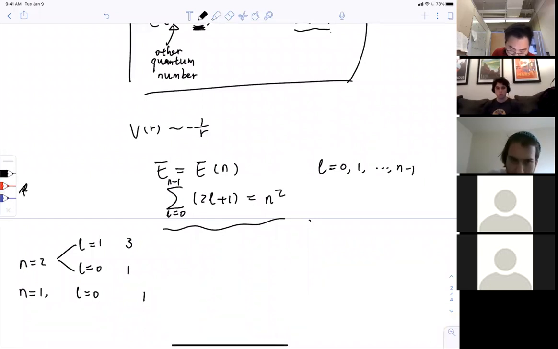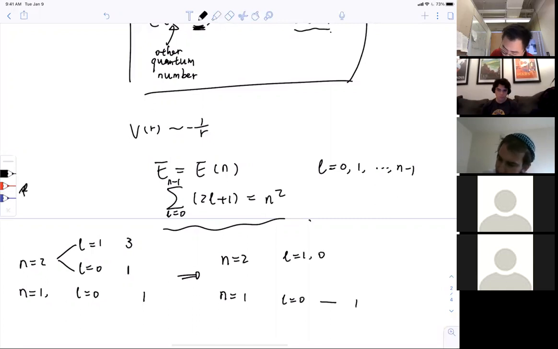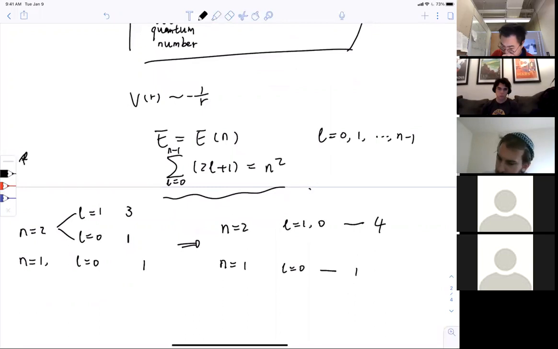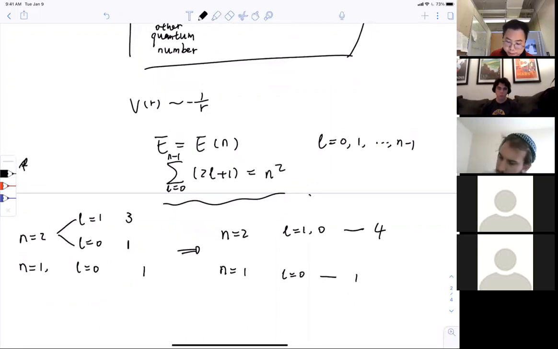But in the real case for the hydrogen atom, N equal to 1, L equal to 0 has degeneracy 1. N equal to 2, L equal to 1 and 0 are also degenerate, so it's 4. This is what we call accidental degeneracy, and sometimes people also call it dynamic degeneracy.